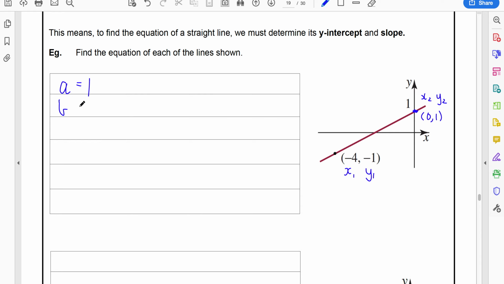The second part that I need is our slope, which we know we can find looking at the rise and the run. So if I use this over here, I've got 1 take away negative 1, like so, and that's over 0 take away negative 4.